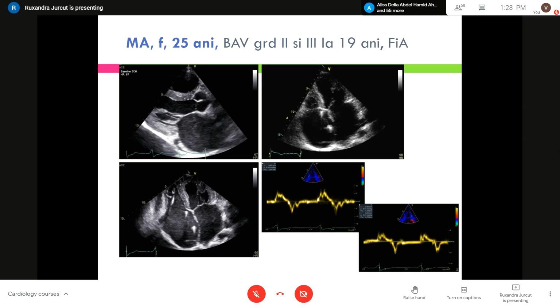And here is an example, a very young girl, 25 years old. She was diagnosed at 19 with AV block, a high degree of AV block. And her atria, as you can see on the movie, are very large. The ventricles are small. The left ventricle, you see a very good ejection fraction. It's contracting well.